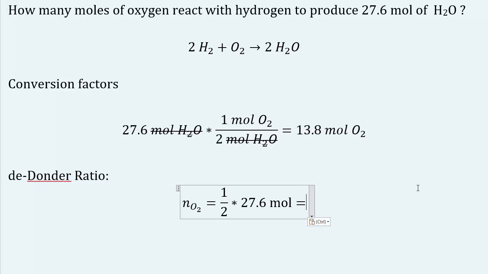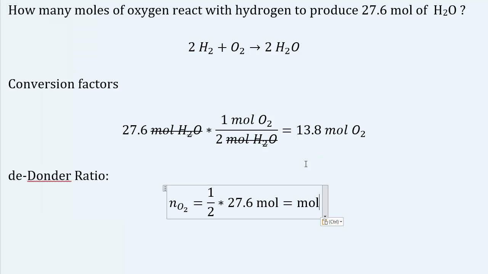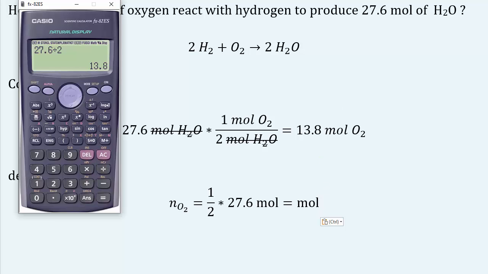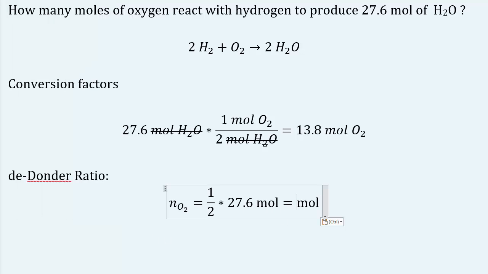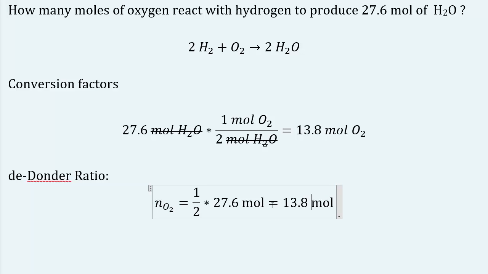In this case, the dimensional analysis is simpler because the stoichiometric ratio is dimensionless. So the only input unit is mole, and therefore it will be the only output unit. The arithmetic is the same as in the conversion factor technique, 13.8 moles of oxygen.